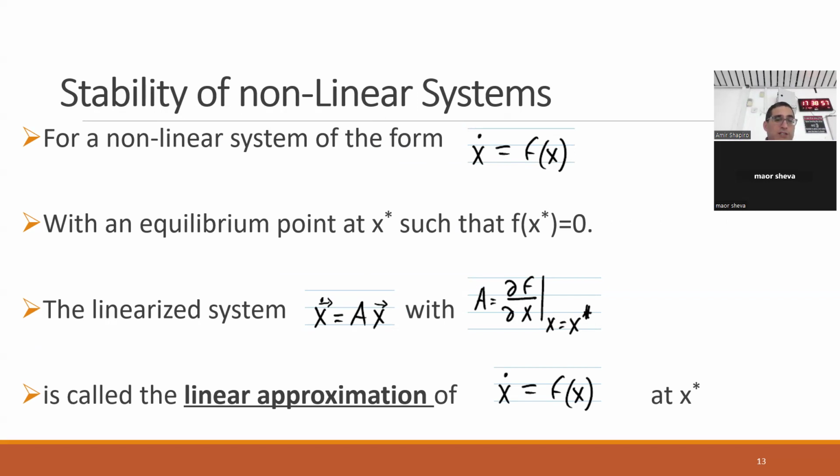So for a nonlinear system, how do we find out if it is stable or not? If we have a nonlinear system in the form of x dot equals f of x, and we have an equilibrium of the system x star, such that f of x star is 0, so x dot is 0.